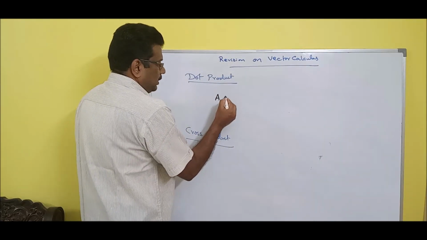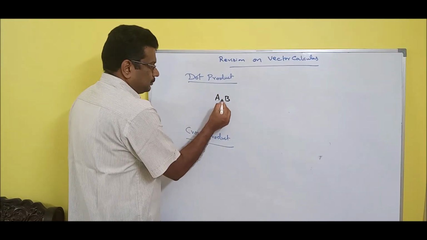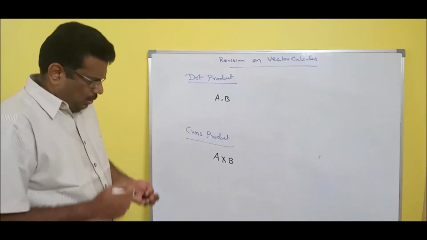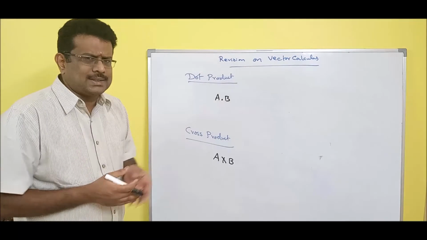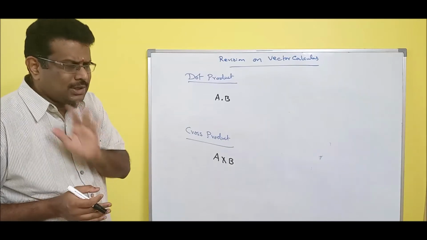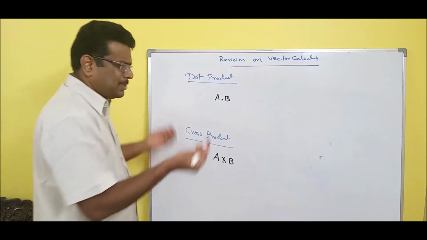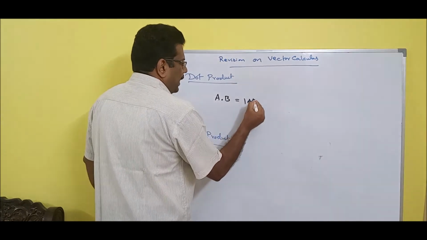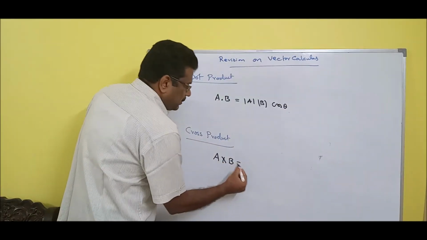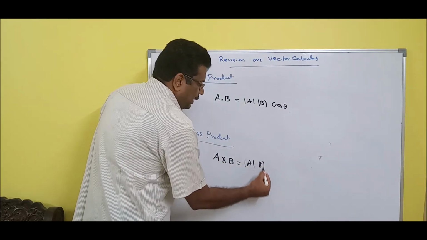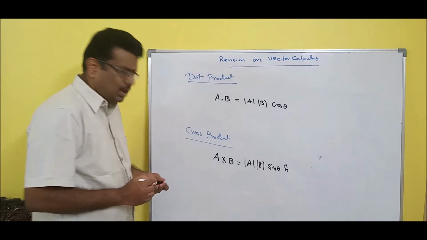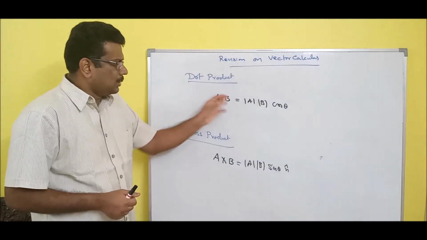Dot product is A dot B. Cross product is A cross B. Most of the time our physics teacher and our maths teacher will try to tell you just the formula. But my duty is not that. Formula you can learn anywhere, just by hearting. A dot B equals magnitude of A, magnitude of B, cos theta. A cross B equals magnitude of A, magnitude of B, sin theta, n cap. This is the formula for dot product and cross product.